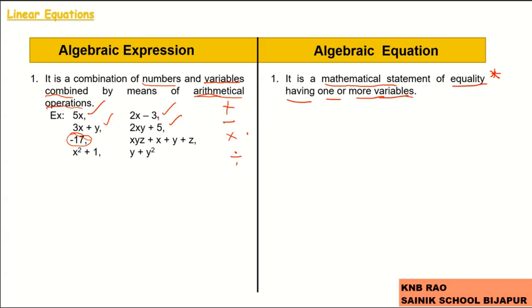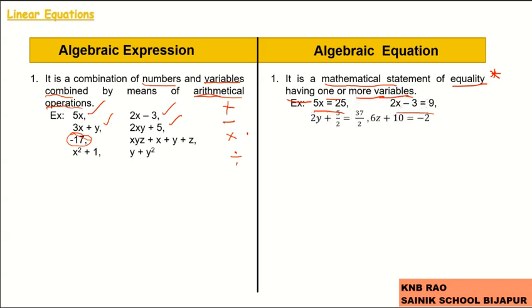In an algebraic expression, there is no equal sign. An equation should have that equal sign. For example, 5x equals 25 is an equation. 2x minus 3 equals 9 is an equation. You could see here just 2x minus 3, whereas it is 2x minus 3 equal to 9. That equality sign is there.